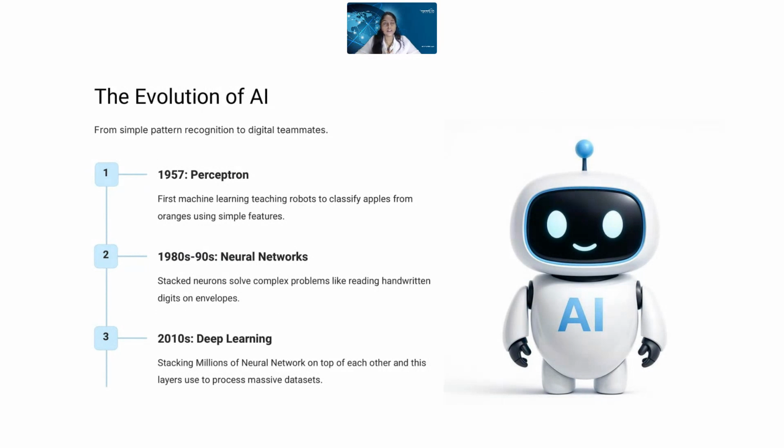Later on, scientists realized in the 1980s and 1990s that instead of having a single perceptron, they can build a network of neurons. That is how the whole artificial neural network came into existence. Artificial neural networks were basically neurons stacked over each other, and this had a lot more capabilities than the perceptron. It started reading and understanding handwriting, digits, and many more things.